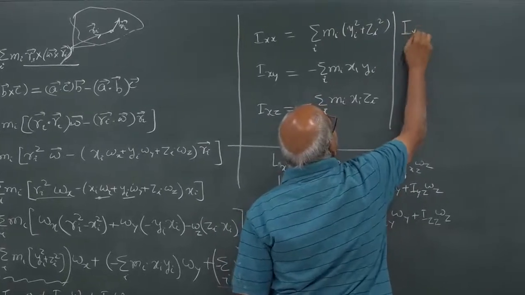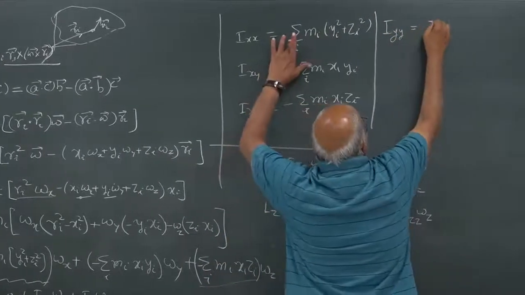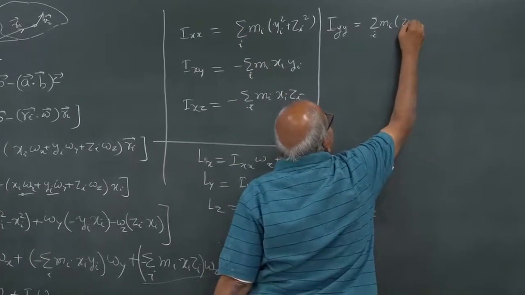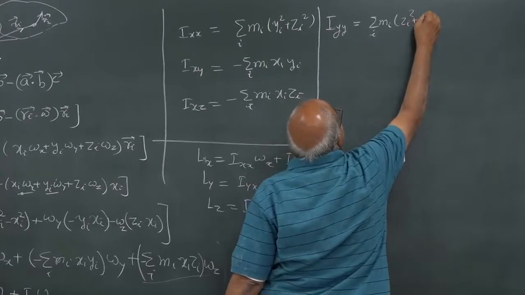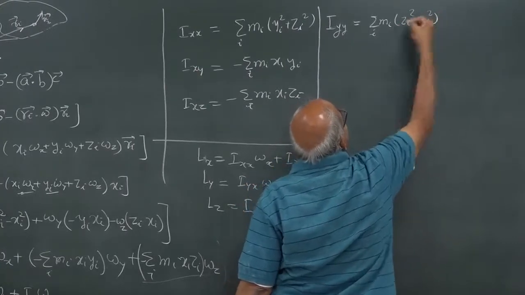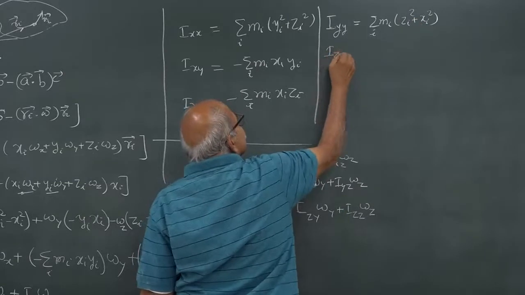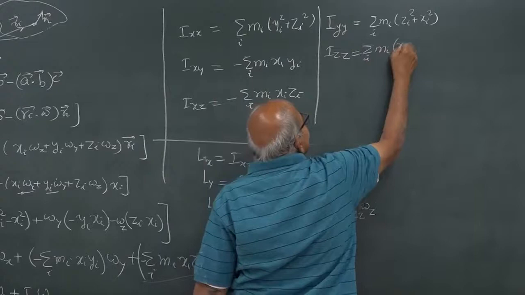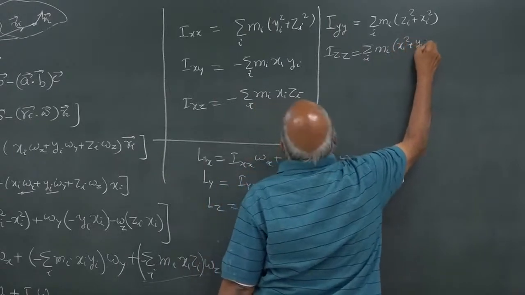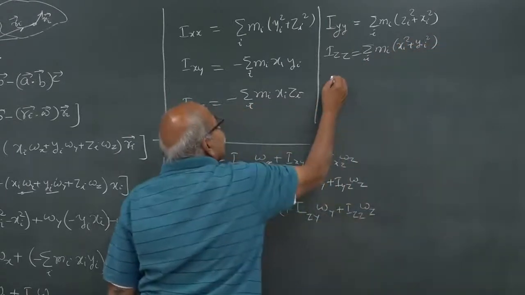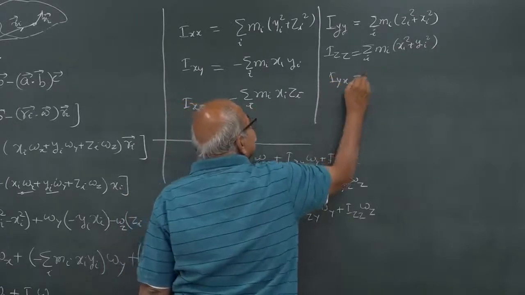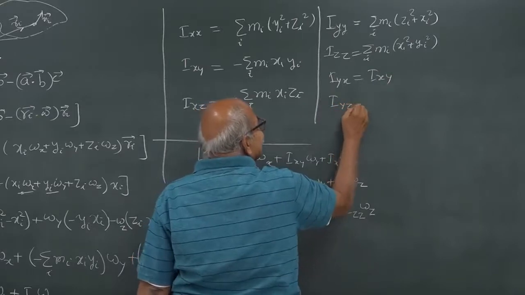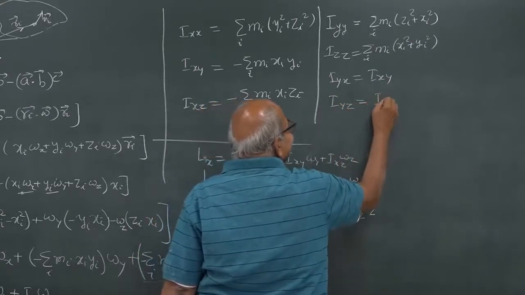Iyy will be summation over i of mi into zi square plus xi square. Izz will be summation over i of mi into xi square plus yi square, and then Iyx will be same as Ixy and Iyz will be same as Izy.